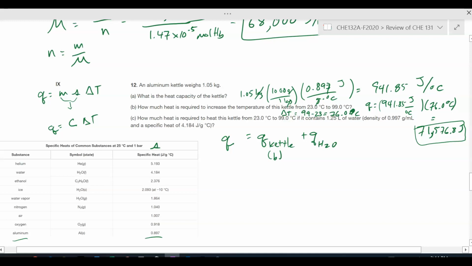That's the 71,576.8 joules. Q for the water is going to be MS delta T. The mass of water is 1.25 liters times 1,000 milliliters per liter times 0.997 grams per milliliter. So all that right there gets me the mass of water.